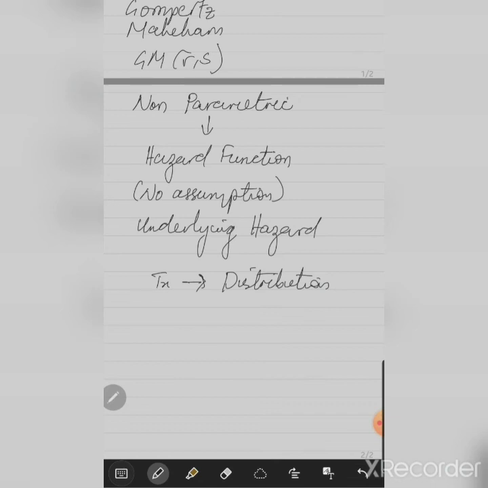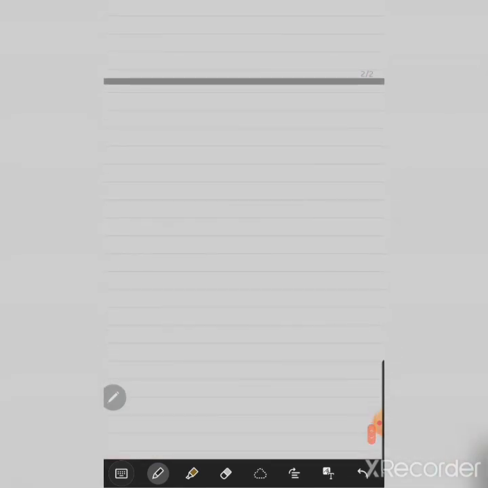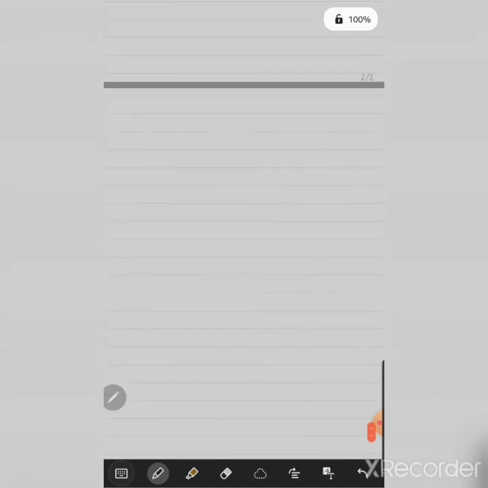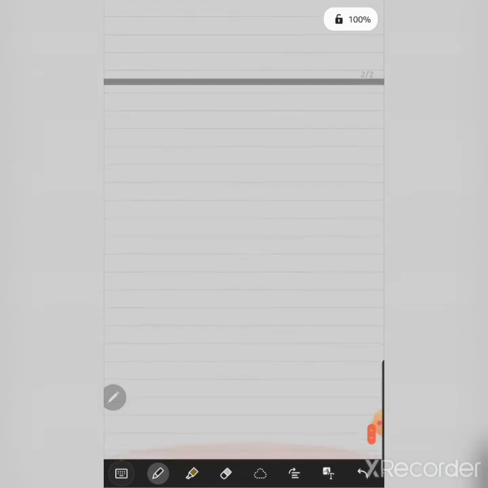Now, getting a little deeper into non-parametric estimation, we introduce you to a mechanism called censoring. Censoring is a process, especially in the context of mortality or any actuarial calculation.